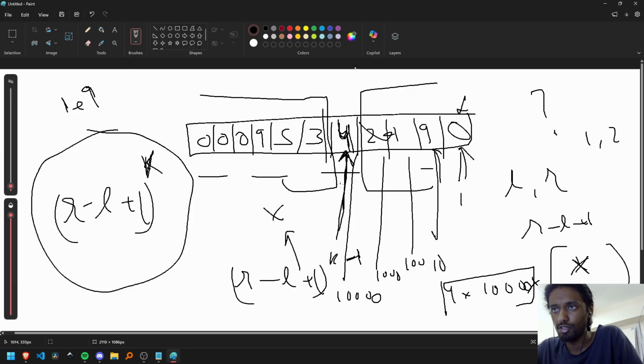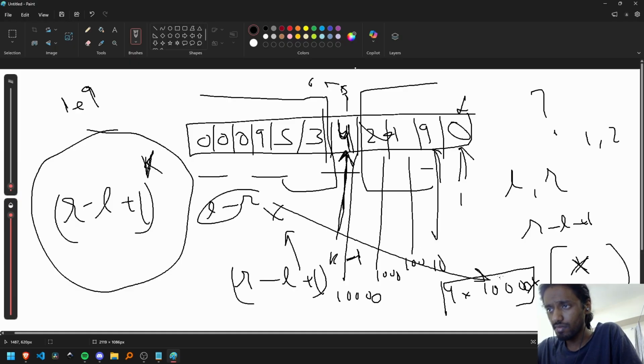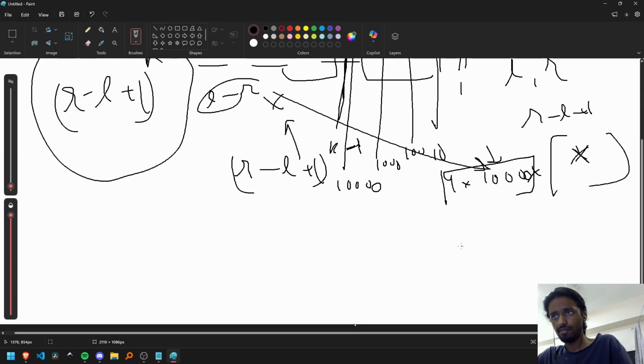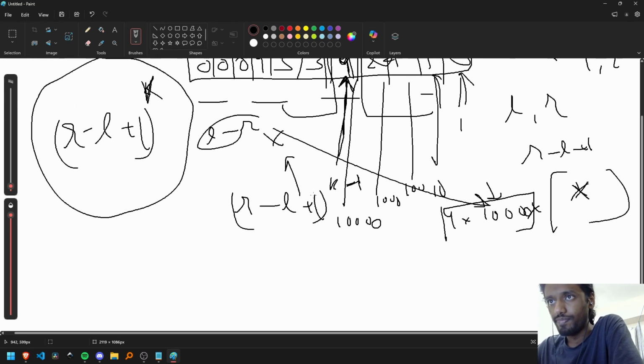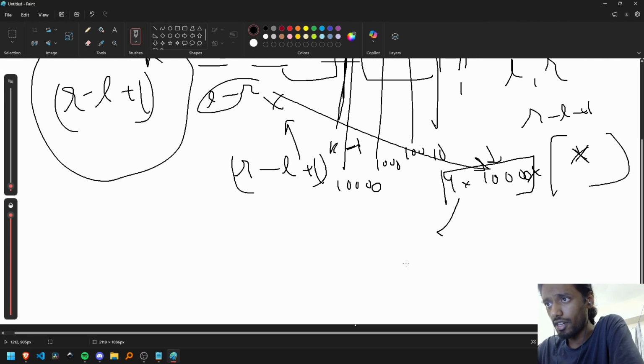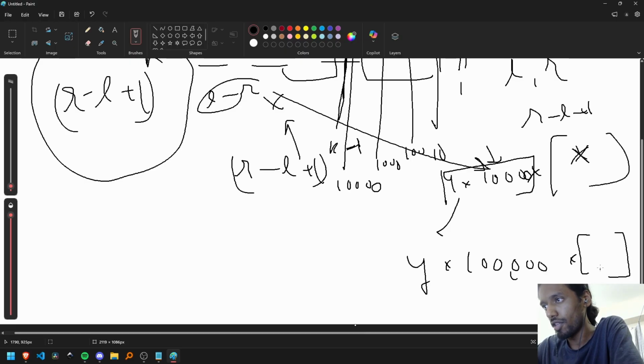This is the total contribution of 4. Similarly, 5 would also contribute this much, 6, and all of our digits L to R would contribute this much at this place. Now if we move one step left, some digit y would be contributing 100,000, into the same number of numbers.